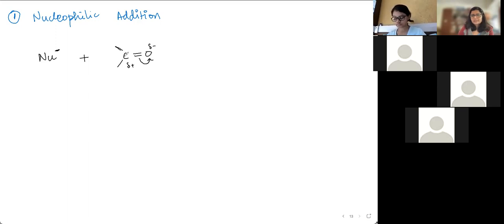So this carbon has a lack of electrons. So the nucleophile goes and attacks this carbon. The intermediate that's formed will basically look like this. You have carbon. These two will remain as they are.